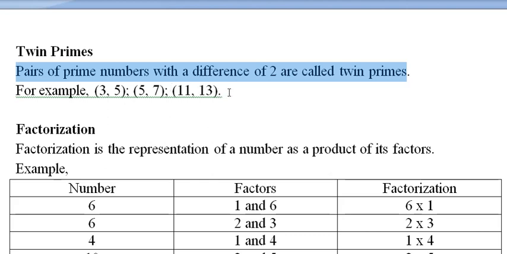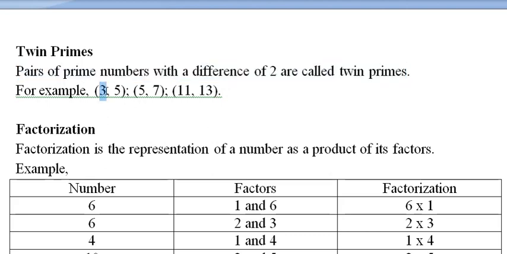Here in this case, 3 and 5, there is a difference of 2. Again in case of 5 and 7, there is a difference of 2. Again in 11 and 13, there is a difference of 2. And similarly 17 and 19, again there is a difference of 2. Hence any pair of prime numbers with a difference of 2 are known as twin prime numbers.